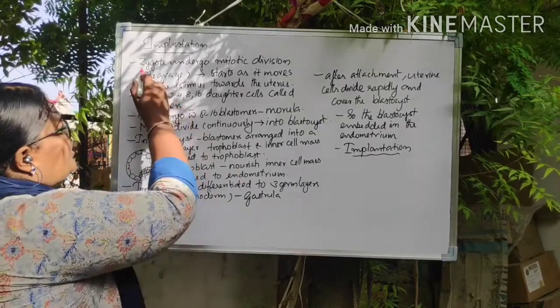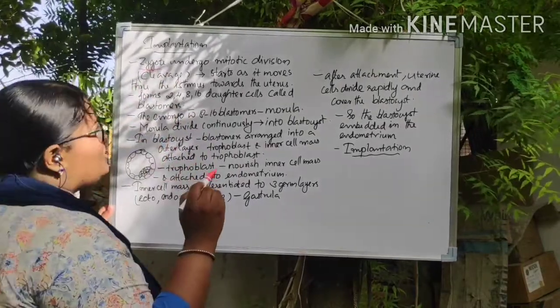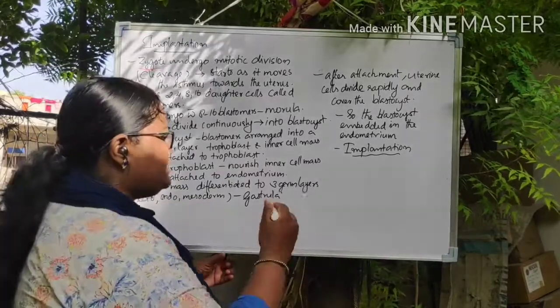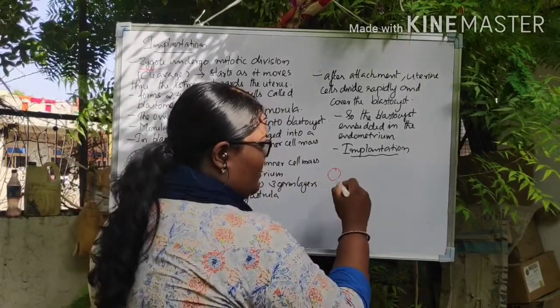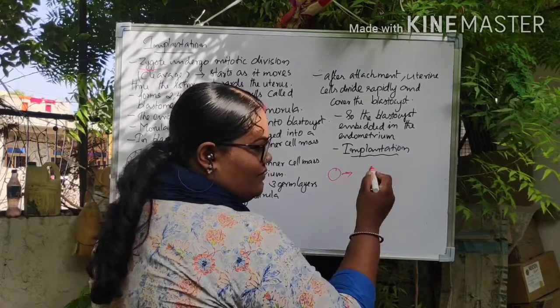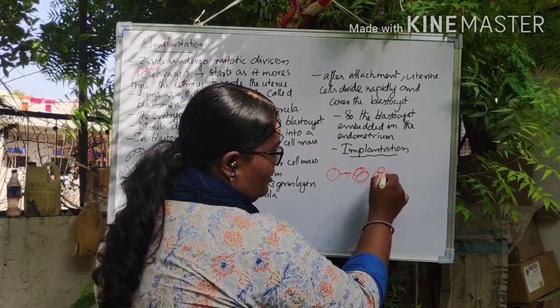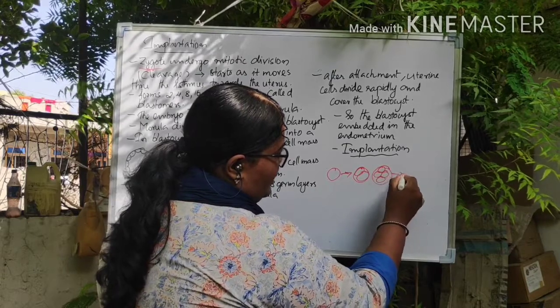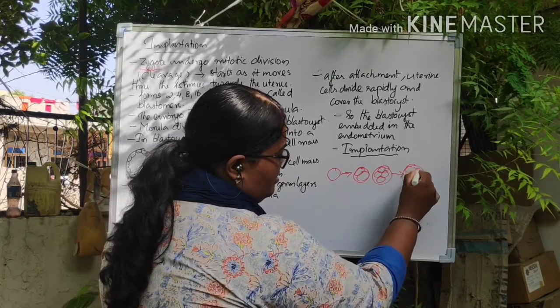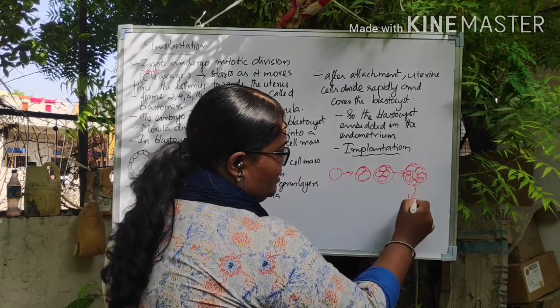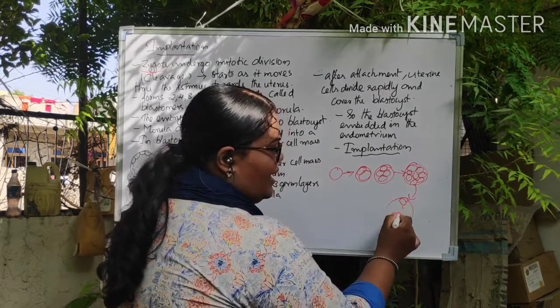Here the zygote, which is a single-celled structure, will undergo continuous mitotic division, right. That means if this is a single cell, it will form the 2-celled stage, then 4, then 8, then 16, like that it will go.